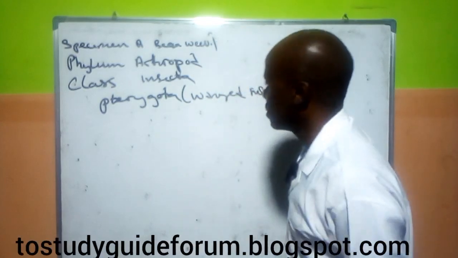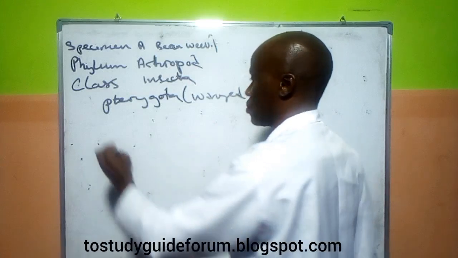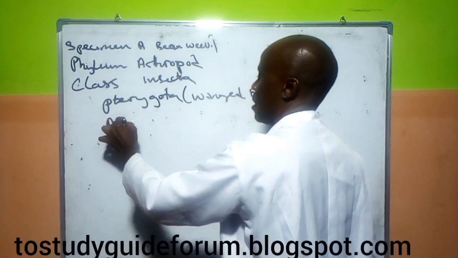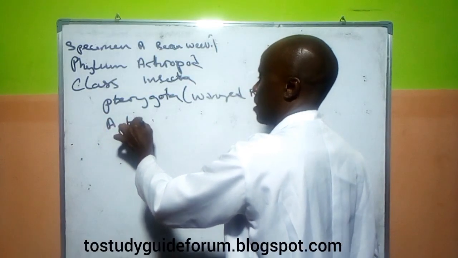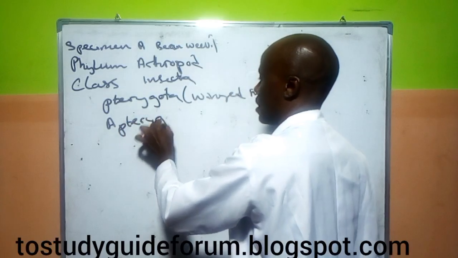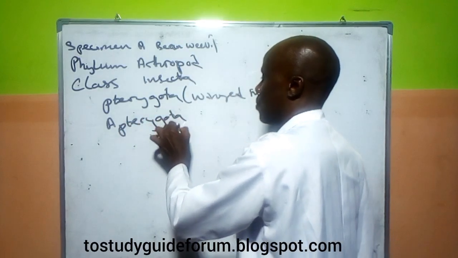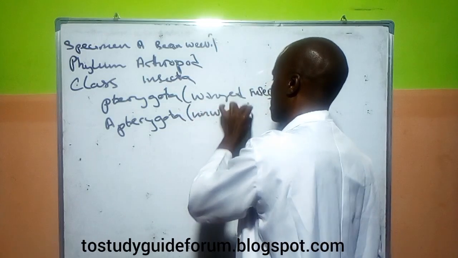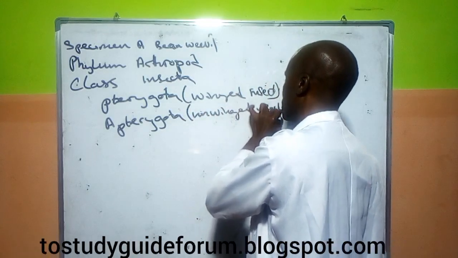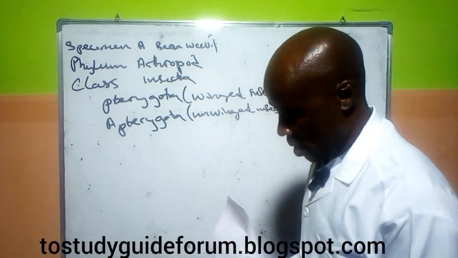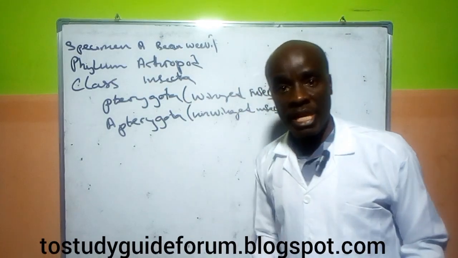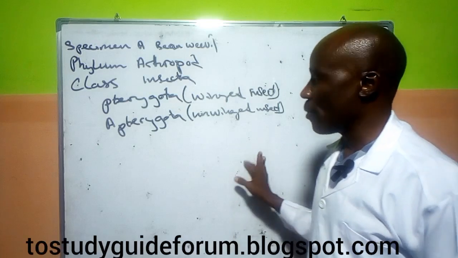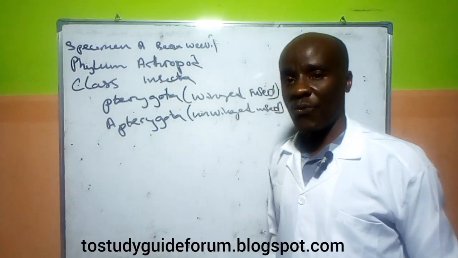Winged insects. The other one that's not winged, we call it Apterygota. The winged one, and the unwinged insect. This one is for unwinged insects. And the bean weevil is known to be a very important pest of beans.